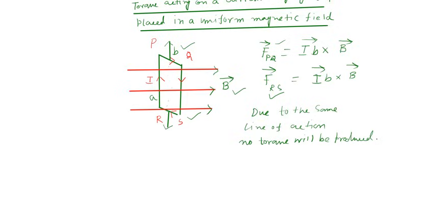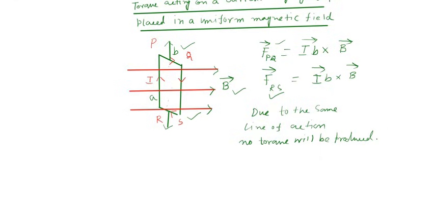This will happen for these two forces, as you can see. Whatever may be, they are perpendicular to the plane consisting of the magnetic field B and the side b.